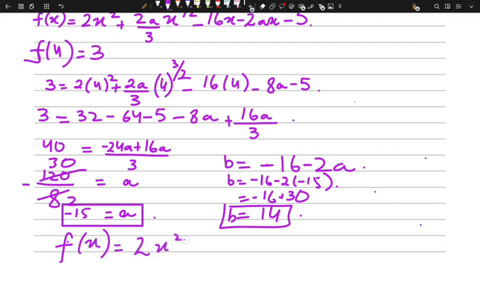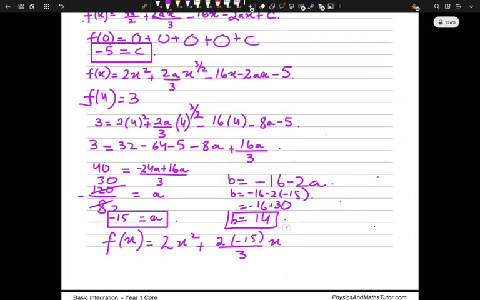F of x equals 2x squared plus 2 times minus 15 over 3 x to the power of 3 by 2, minus 16x minus 2 times ax, so 2 times negative 15x, minus 5, and then you can work this out.